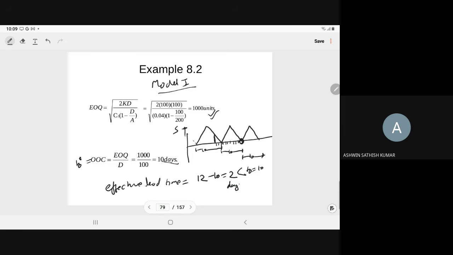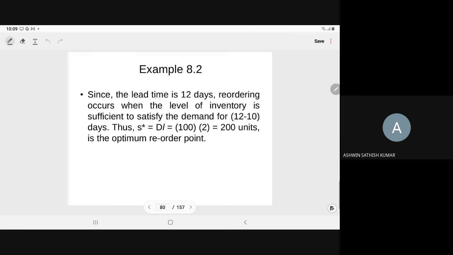So on the 8th day, in one cycle, if you order, then you will get the order after the 12 days. So actually you have to order on the 8th day, right? On the 8th day. So here when we have to order, that is the small s star, the inventory level must be d into l, and d is 100 into 2, that is 200.